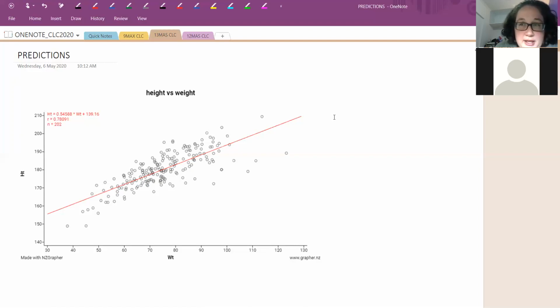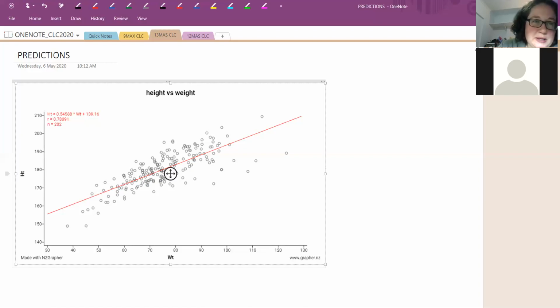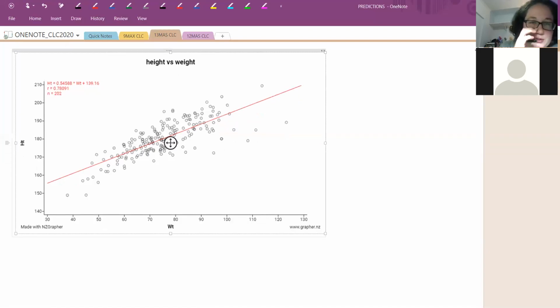But when I'm up to making predictions, first thing I'm going to do is make predictions using this first graph, right? So the first thing I want to make sure that I'm doing is making an interpolation, right? So I want to make a prediction from within my data set.